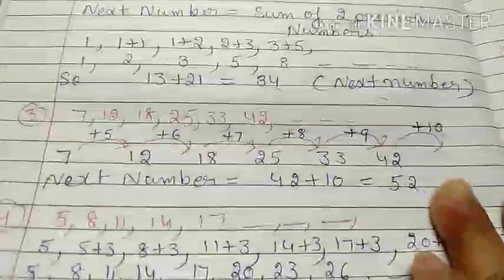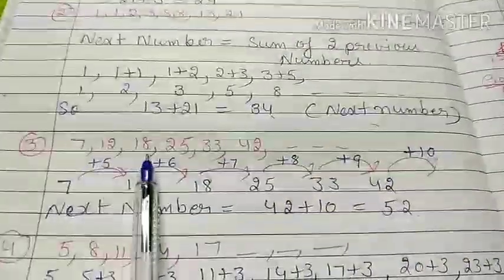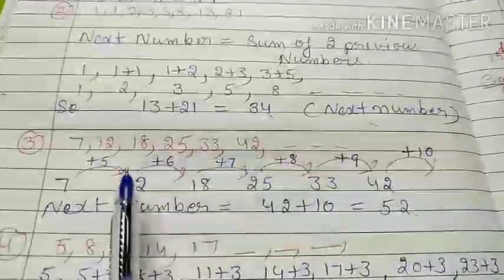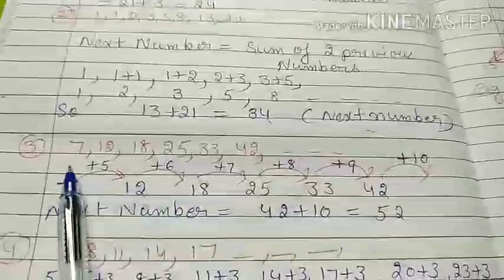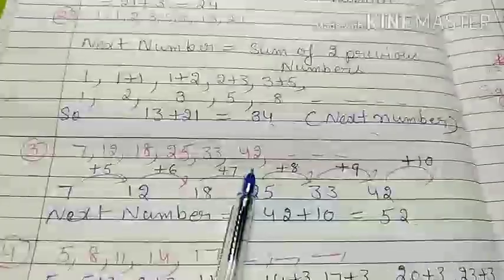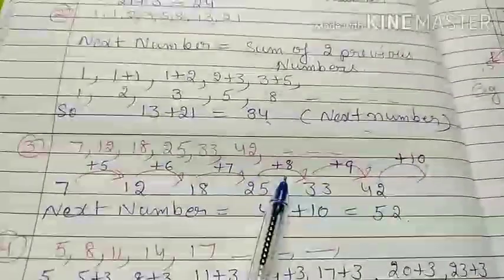But suppose I have a slightly different type of series, like 7, 12, 18, 25, 33, 42. First I check what the pattern is to make this series.